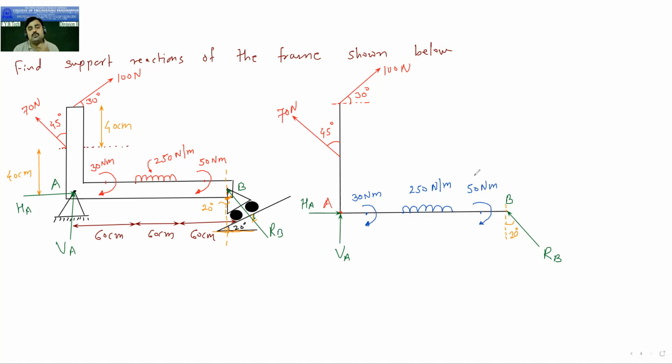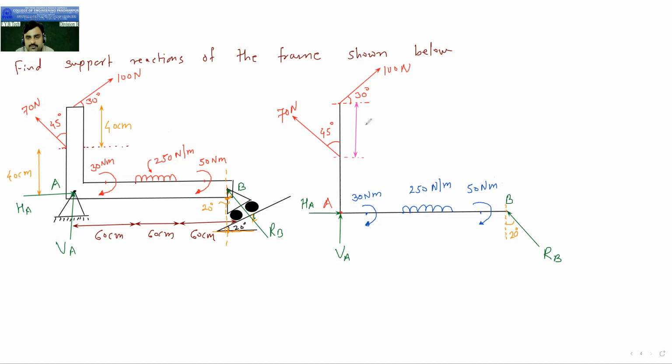Now what we will do here, you can see the unit is given for length is meter. Meter is used in loading, but the distances are given in centimeter, so we will take it in the meter. So if we take that into the meters, then see this distance, how much is it?